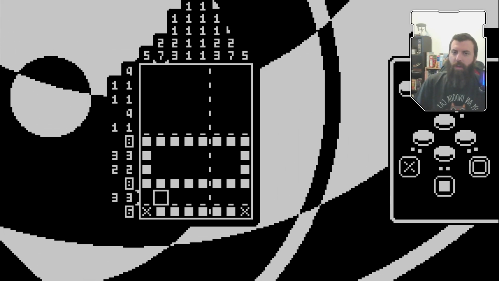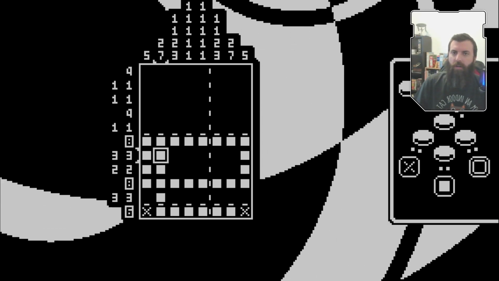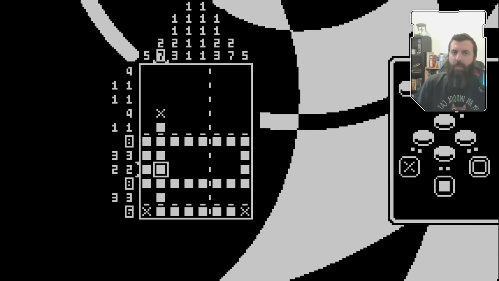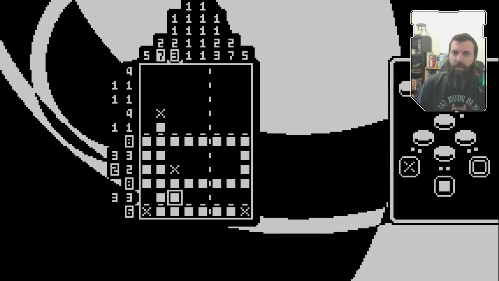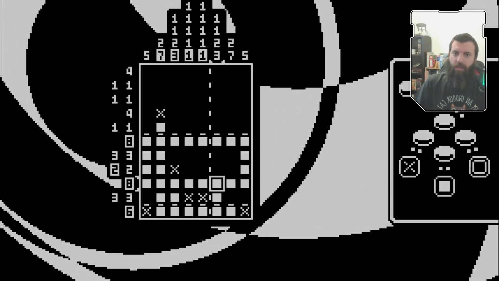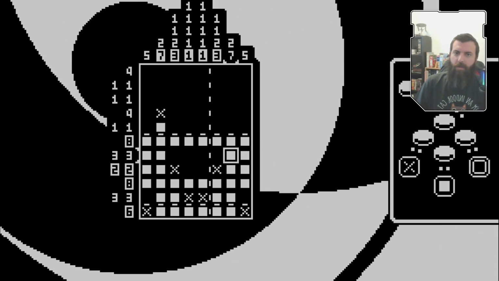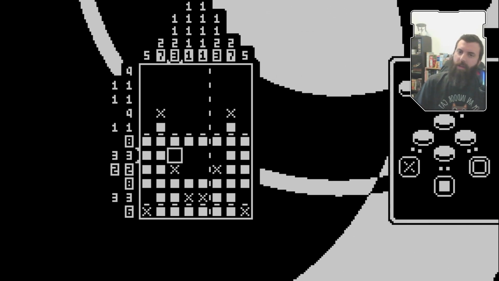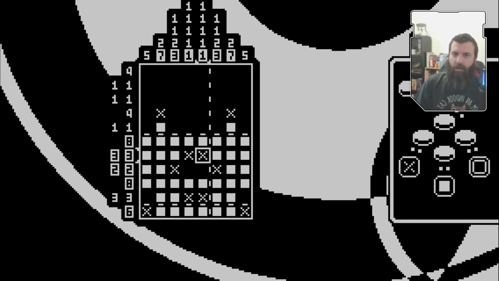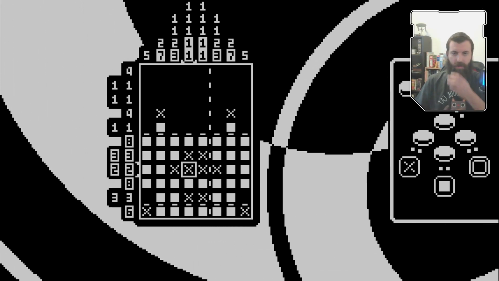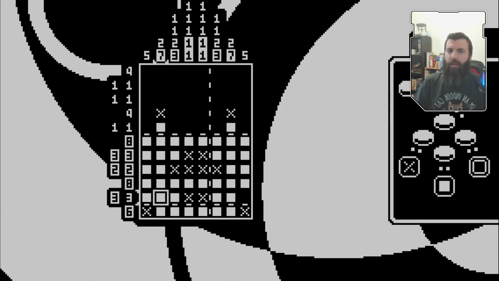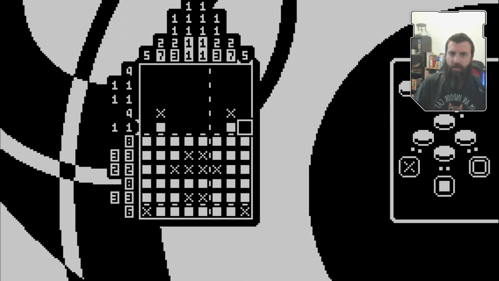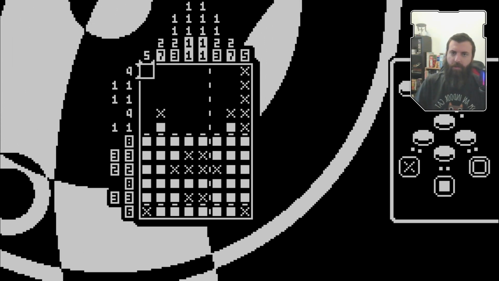This gives us a bottom edge for our vertical 7, our vertical 3, 1, 1, 7. Got a left edge now for our horizontal 3, horizontal 3. We've already completed this row. Got to complete out this row for our 3 there, which gives us the rest of our 5 here.